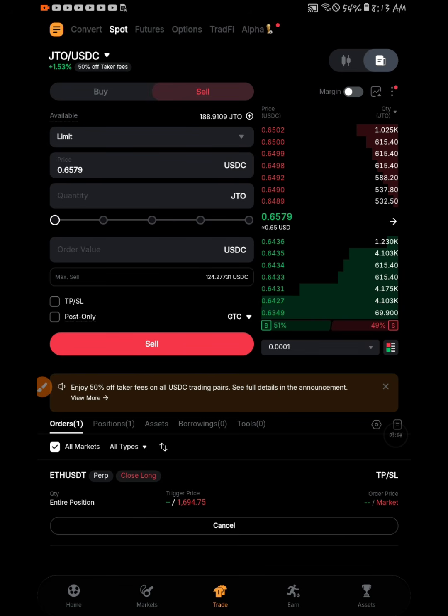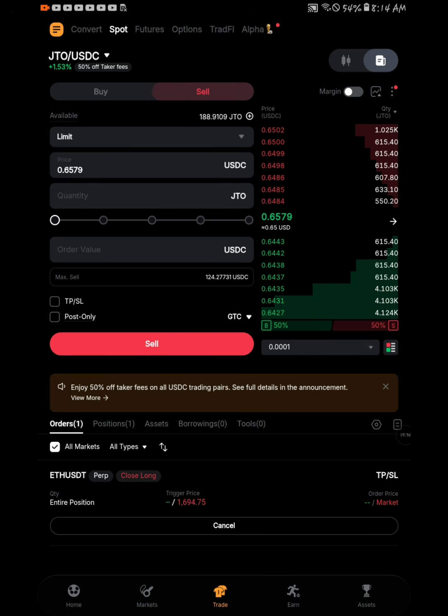So whenever you see enjoy 50% off taker fees on all USDC pair, keep in mind what they are telling you to do is to use market order to execute your trade on any of their USDC pair, because apparently USDC pairs are slightly lacking liquidity for fast execution. So they are trying to bring a catch so it can be like a win-win for both you and Bybit.